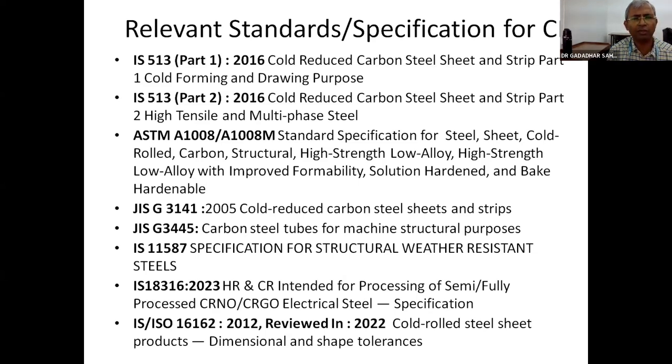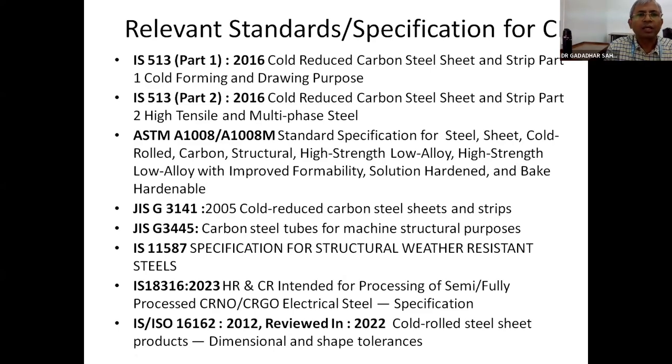We have applied for certification, but till we certify with this grade, CMO will be providing it to the customer under another name. Another is IS 16162, which is for dimensional requirements.